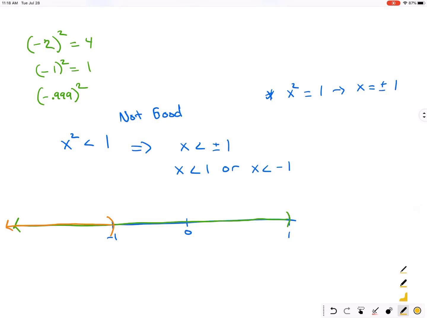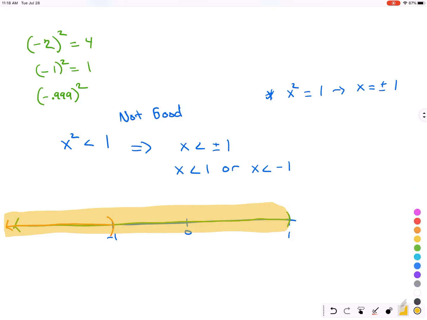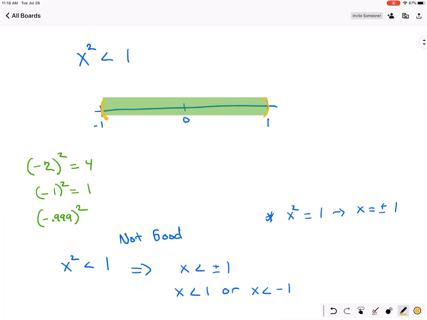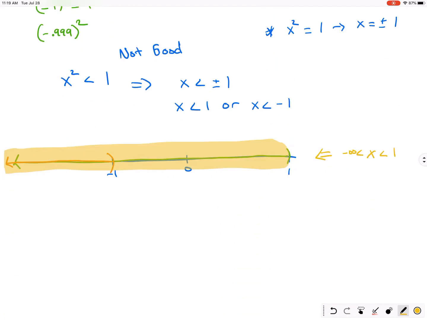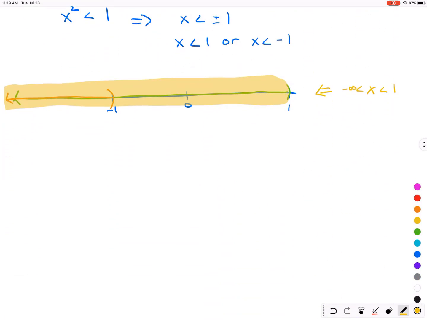And this picture then, if I drew out an actual picture, would be -infinity to +1, not including 1. So this picture represents x lying in between -infinity and +1. Clearly not at all the same picture as this one up here. So we're not allowed to just take the square root of both sides and say that's plus or minus.